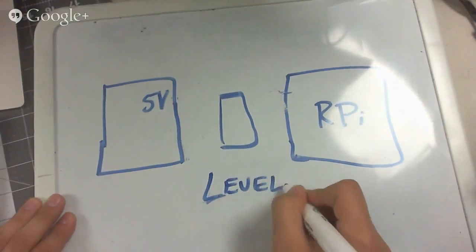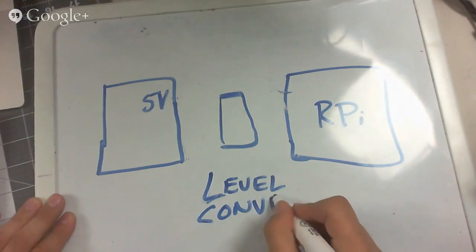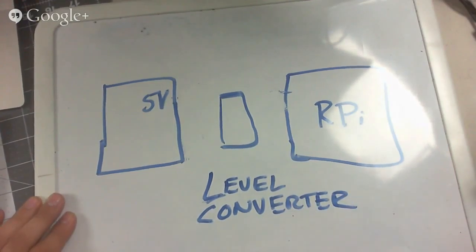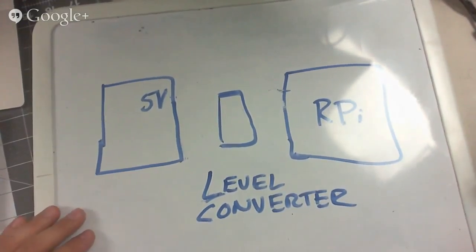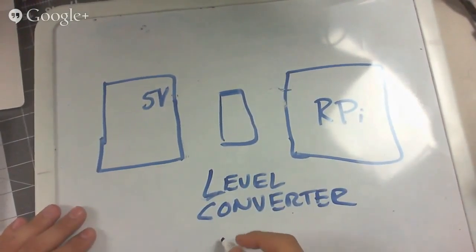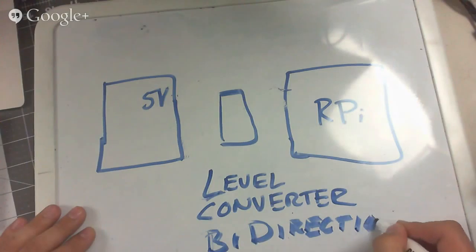They're also called level shifters. Depending on what voltages you're going to and from, you also have to be careful, because sometimes they're unidirectional, they only go one way, and other times they are bidirectional. I would encourage, just to be safe, always pick up bidirectional ones that can translate both ways.